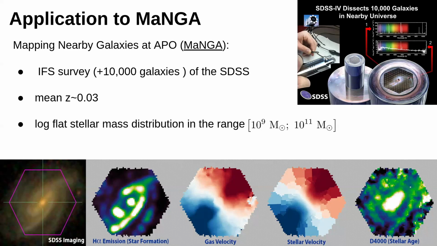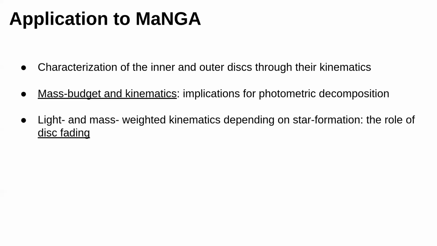And from each galaxy, they basically collected several spectra, one at each spatial position. And from them, you can extract the information that we want, namely the stellar velocity and the stellar velocity dispersion. And what we did was to model all the 10,000 galaxies. And from them, we reviewed the mass budget of galaxies as a function of kinematics and star formation.